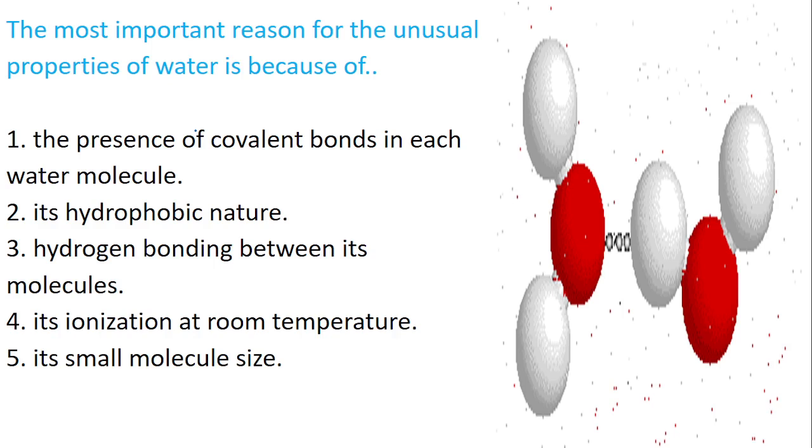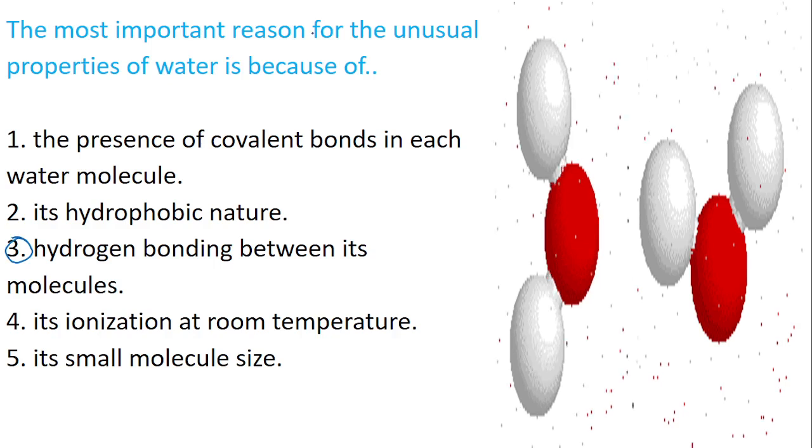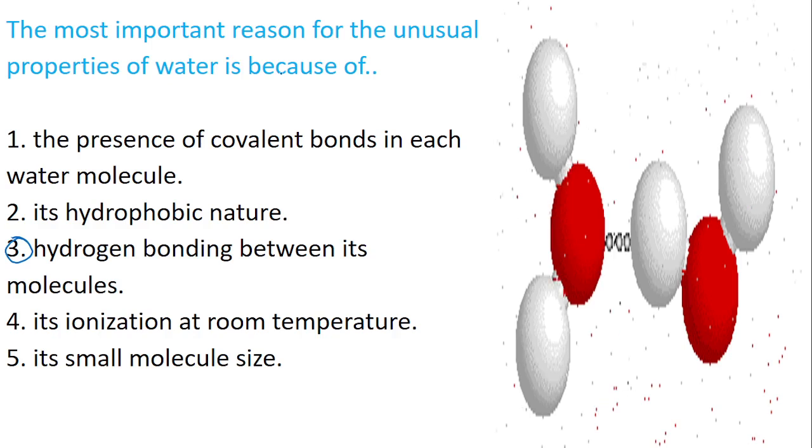Okay, I think this one hasn't been explained, isn't it? So the answer for this particular question is just the hydrogen bonding between its molecules. So the most important reason for the unusual properties of water is the hydrogen bonding between its molecules.